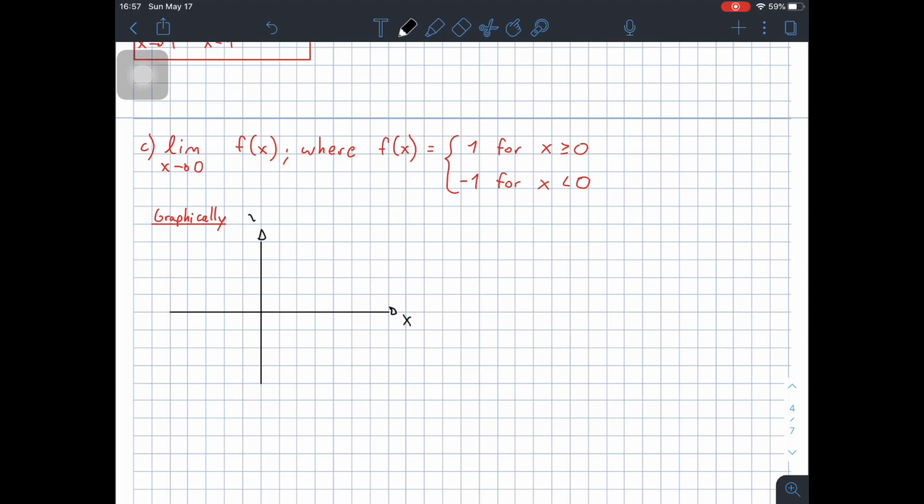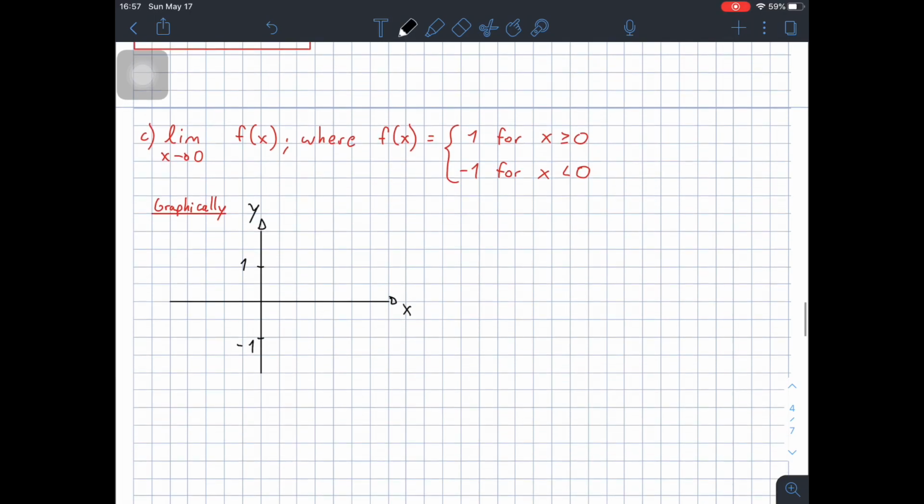This is x, this is y. So it's equal to 1. I'm going to put 1 over here and -1 over here. Okay, so the function is 1 when x is positive, right?